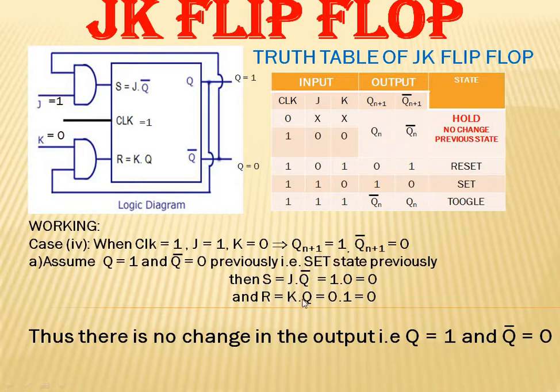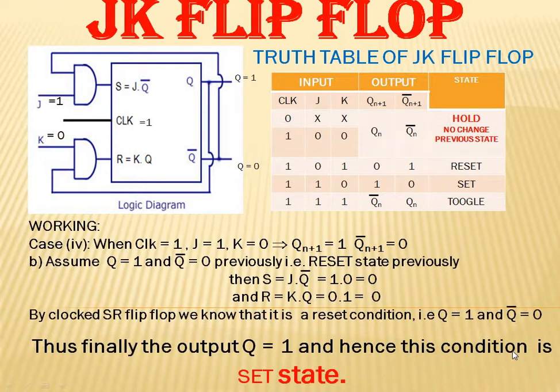R is equal to K into Q, that is 0 and 1, becomes 0. In this case, clock is applied, S and R are 0. So it is a hold state. Hence, the output of the flip-flop will be Q equal to 1 and Q bar equal to 0.